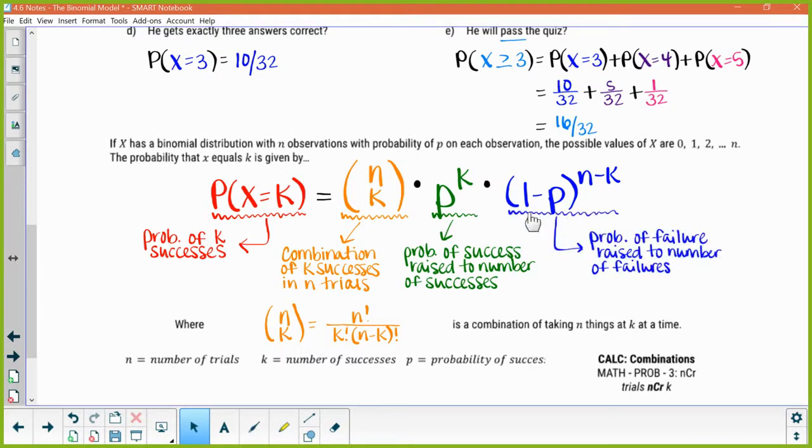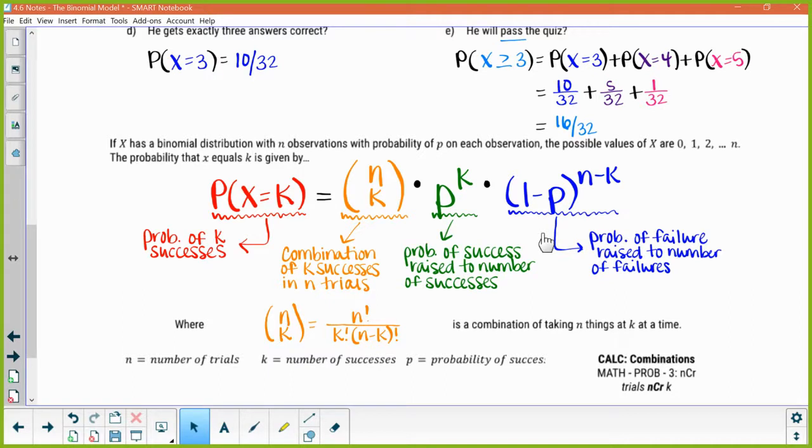So that's why I have 1 minus p, which is my probability of failure, to the power of however many failures would happen in that occurrence. So we're kind of taking combinations times successes times failures to get our probability of success.